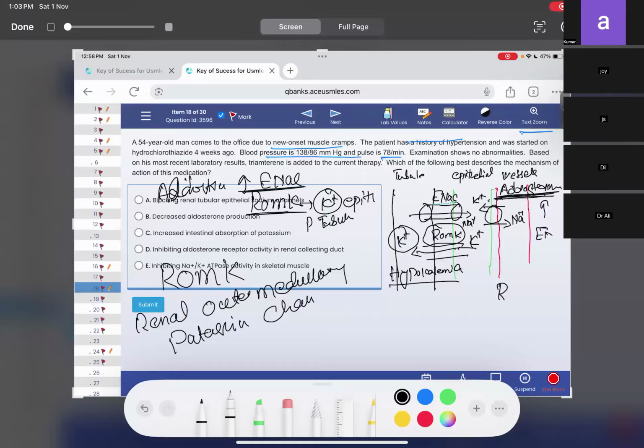So what does ENaC usually do? ENaC will absorb sodium from the tubule into the epithelial cell. From the epithelial cell, the sodium potassium ATPase will push potassium in from the blood and sodium into the blood. As a result, the potassium level increases in the epithelial cell, and this ROMK will then be activated and push the potassium into the tubule, and this will lead to hypokalemia.